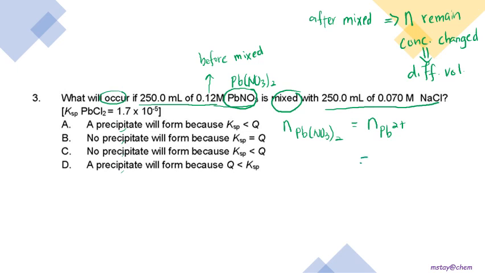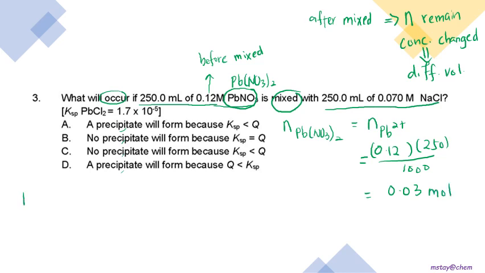Because we have the concentration and the volume, we can use MV over 1000 to get the number of moles, which is 0.03 mole.